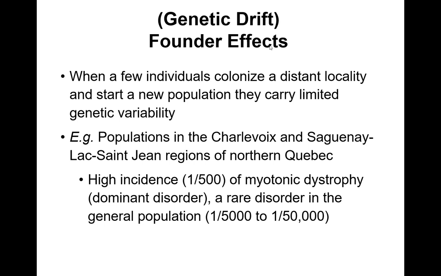One example is what happened in the populations of Charlevoix and Saguenay-Lac-Saint-Jean, which are regions in northern Quebec, about 3 hours from Quebec City. If you keep going up the St. Lawrence River, you'll hit those areas. This population was established by a few hundred people, and the incidence of the disease myotonic dystrophy, which is characterized particularly by muscle weakness, is extremely high.